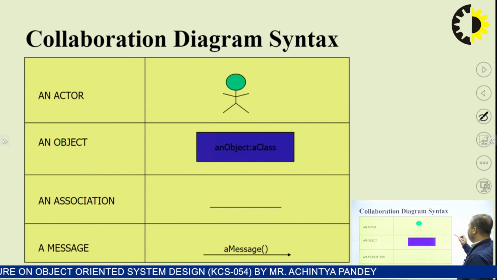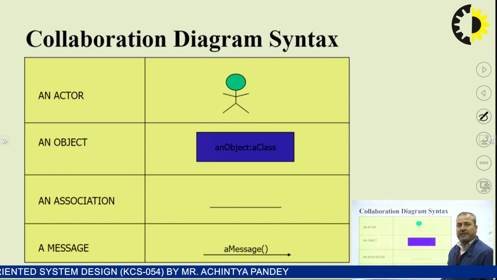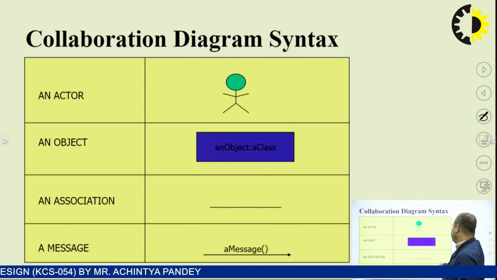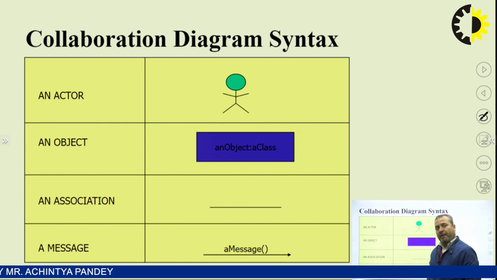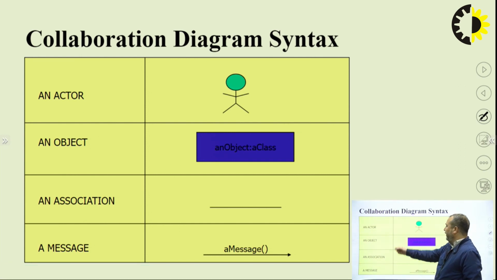You can even represent it just by the object name. Okay, an association means a link between two objects, represented by a line. A message means a parameter which we pass into functions. So these are all the elements used while drawing a collaboration diagram.